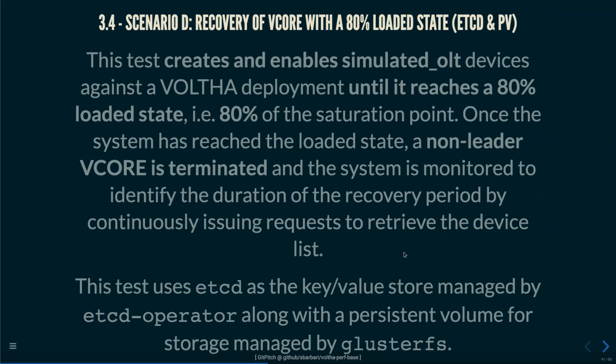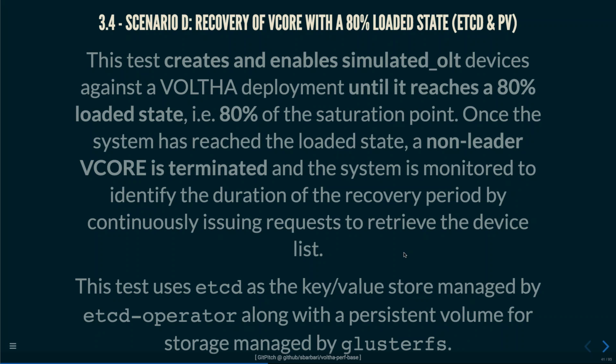So scenario D, we changed the scenario here. Our objective is to achieve a loaded state, meaning we're trying to have 80% of the saturation point that we achieved in the previous scenarios.